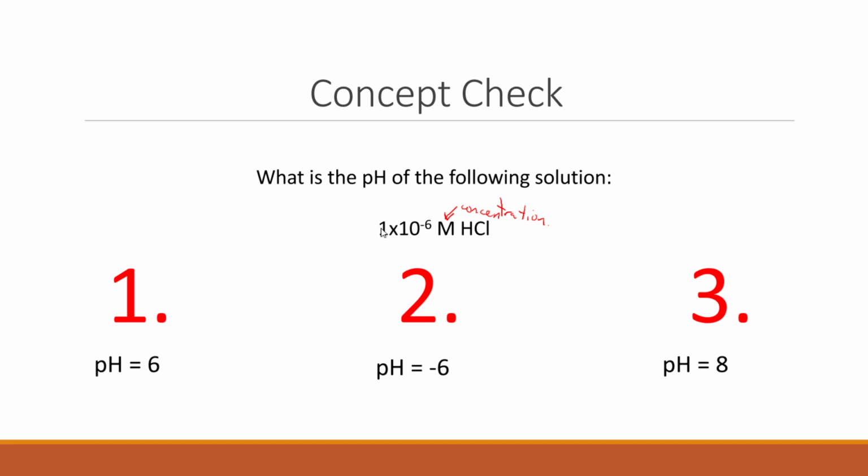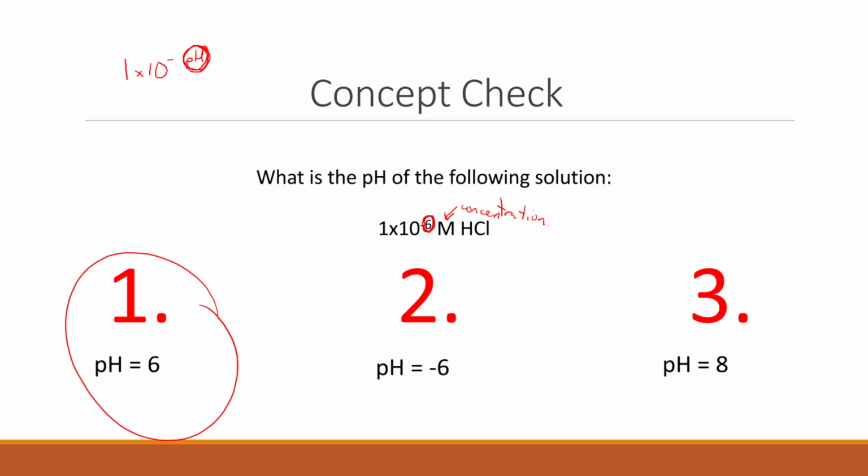We know that the concentration is 1 times 10 to the negative 6th. We know the shortcut is 1 times 10 to the negative pH. So this is going to be our pH. It doesn't matter that it's a negative 6. Our pH is 6.